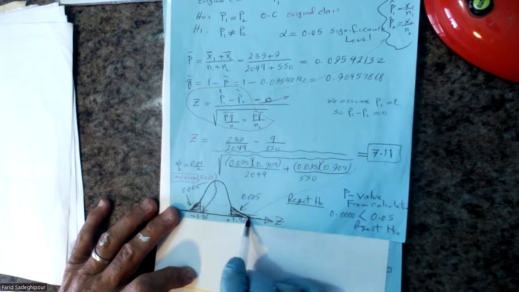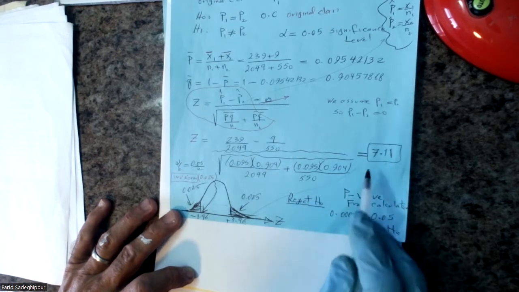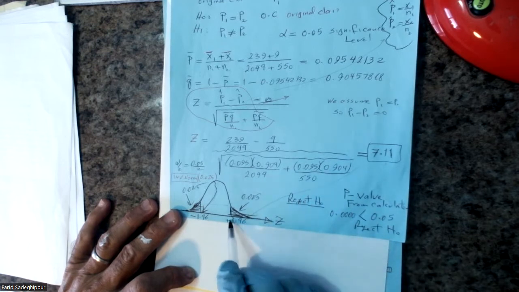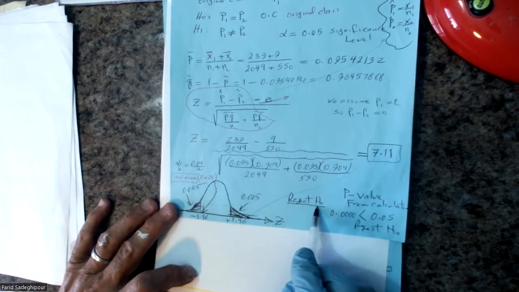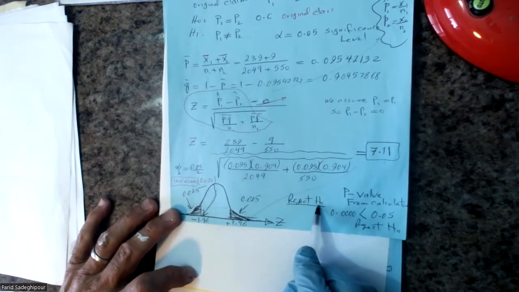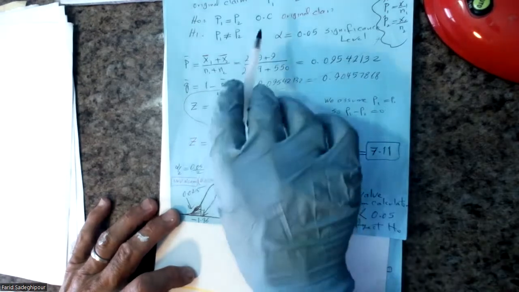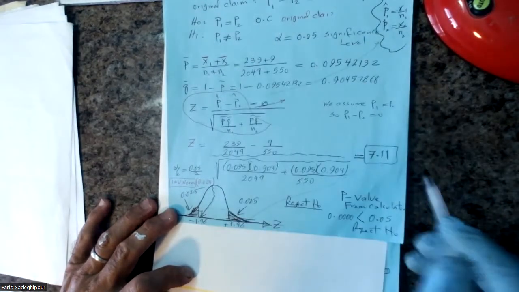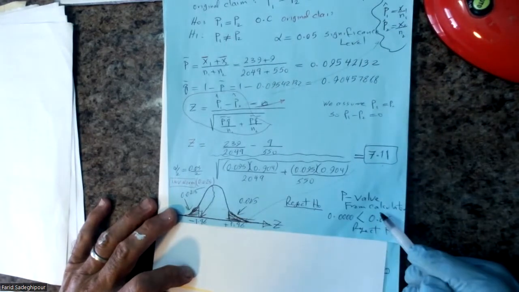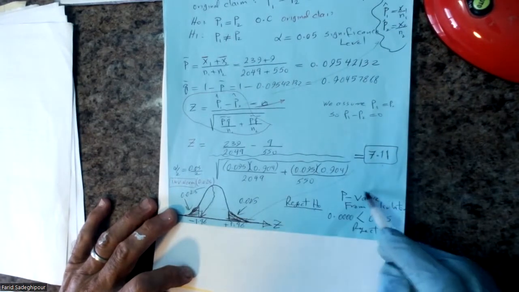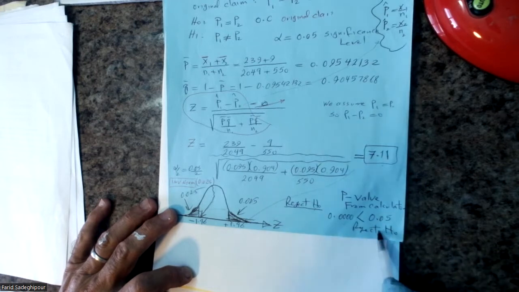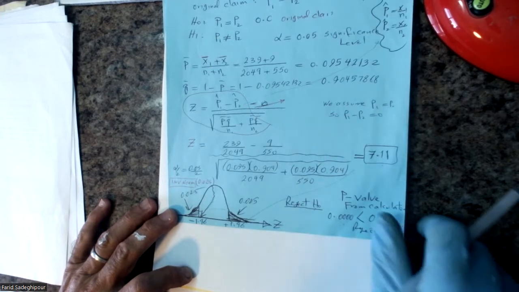It falls into the critical area, because the border point is 1.96. So we reject H0. When we reject H0, it means the claim is rejected. So we are saying they are not equal. And also the p-value when you use the calculator is almost 0, which is less than 5%. So remember, these two should always match.